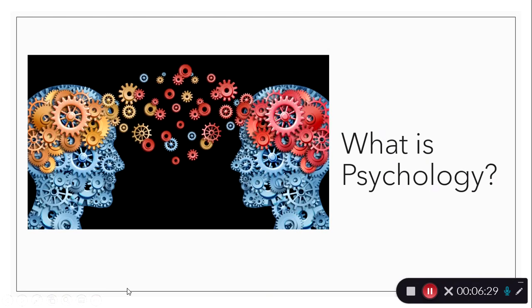Here we go. All right. So what is psychology? Psychology, there's actually quite a few different interpretations of it, but in short, it's just the science and the understanding of the human mind and behavior. So what we're doing is looking at understanding the human mind, which we're going to break apart, and behavior, and how those two go hand in hand.